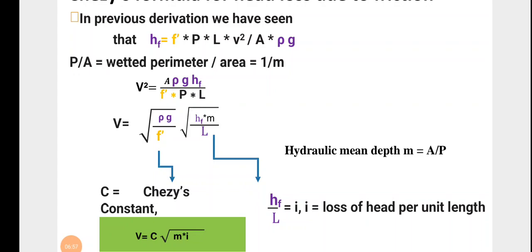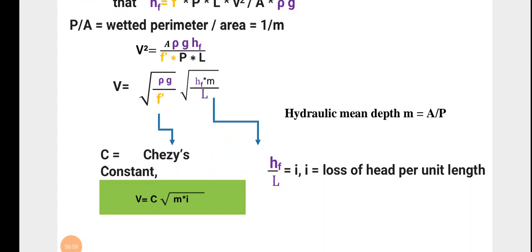So here we write it as M, and also we note that HF by L will be equal to I, that is loss of head per unit length.